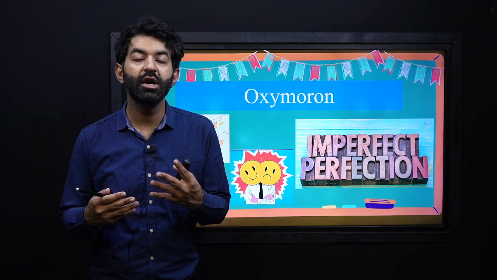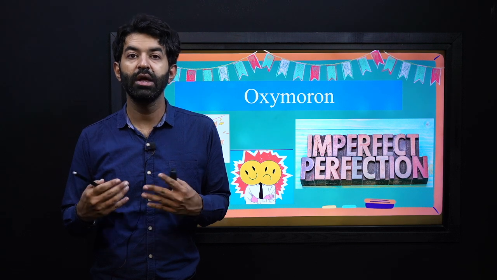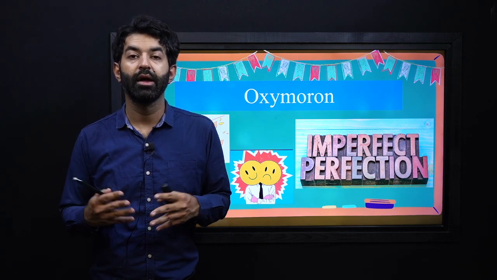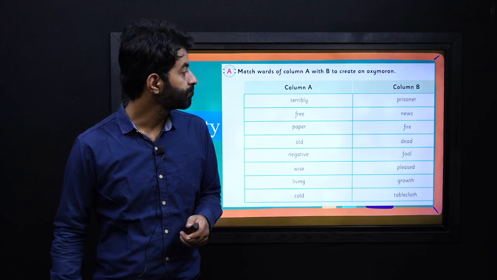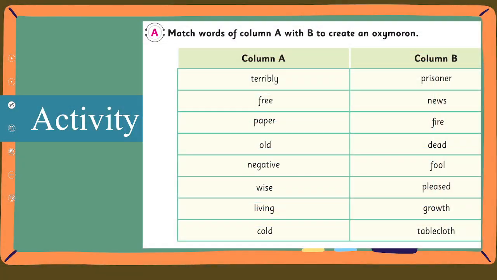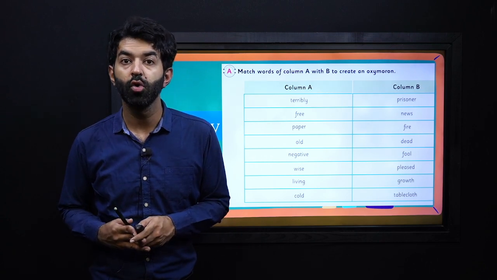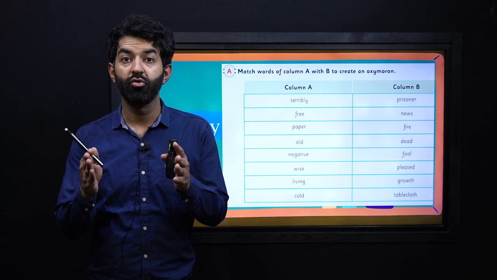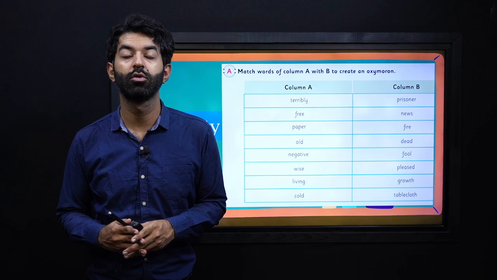So we can use such a pair of words that are contradictory to create a very interesting and good effect on the listener or the reader. Now here, students, you have to match these two columns together to make oxymorons. And notice and remember that these words should be opposite and contradictory to each other.